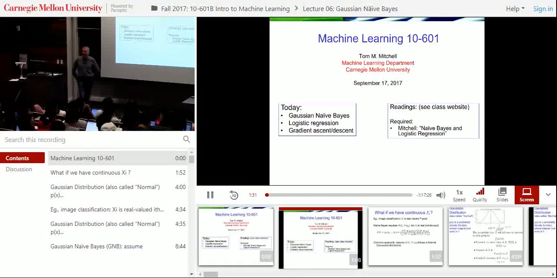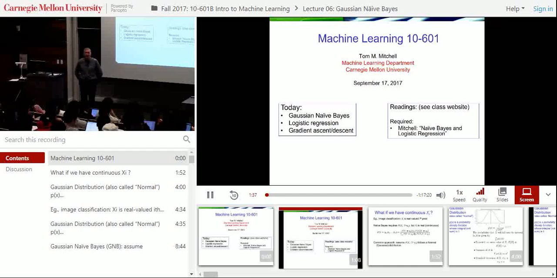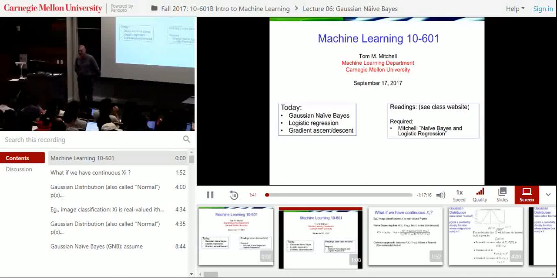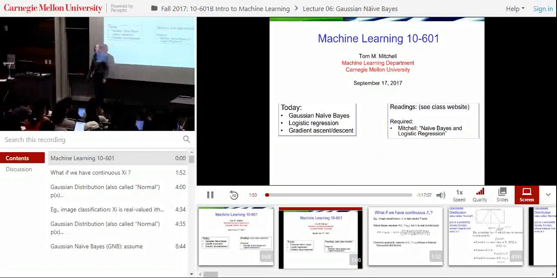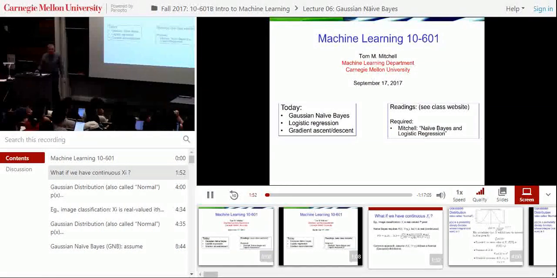Interestingly, logistic regression is also very closely related to deep networks, which we're going to start in on next week. So that's the plan for today. I really hope that you are reading the required readings, because it will help you a lot, especially with today's material.